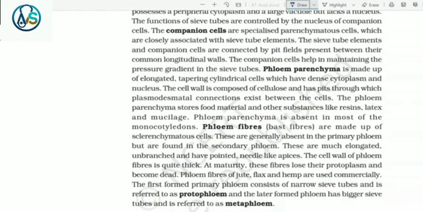Phloem parenchyma is made up of elongated, tapering cylindrical cells which have dense cytoplasm and nucleus. The cell wall is composed of cellulose and has pits through which plasmodesmatal connections exist between the cells.